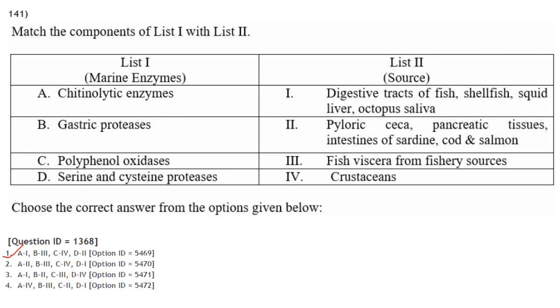So chitinolytic enzymes, digestive tracts of fish, shellfish, squid liver, octopus saliva. Gastric proteases, fish viscera from fishery sources. Polyphenol oxidases, crustaceans. Serine and cysteine proteases, pyloric ceca, pancreatic tissues, intestine of sardine, cod and salmon. So answer is option 1, A1, B3, C4, D2.